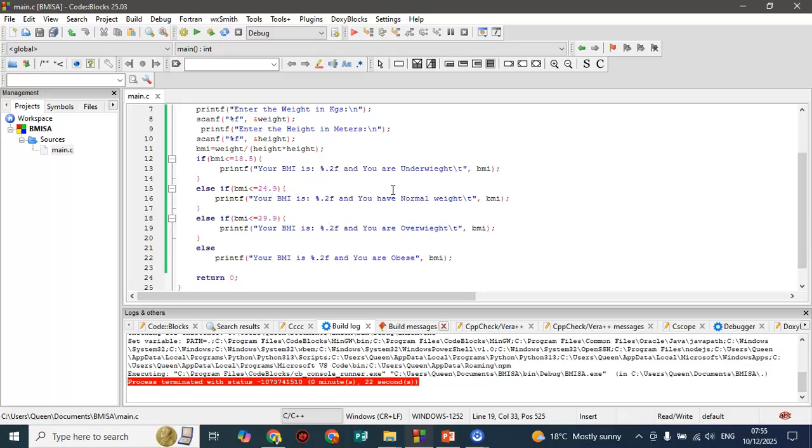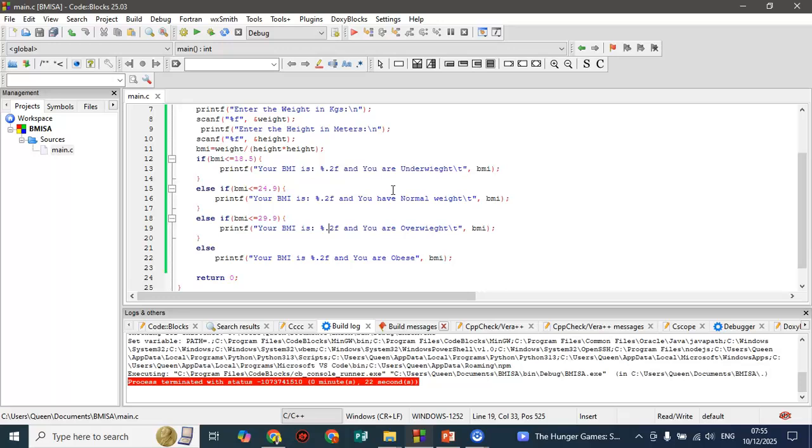What should this person do to have that normal BMI? Then what should someone who has a BMI of over 24.9 also do? Same to the someone who has got the one which is above 29.9. What should they do? And so you are going to modify this BMI program into two things.